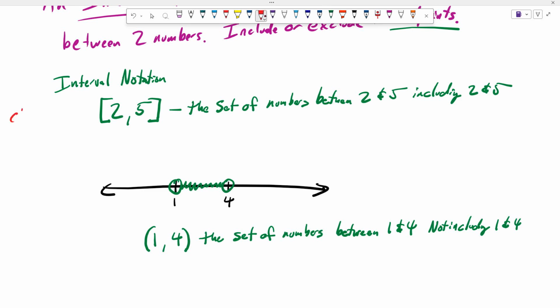Okay, this is called a closed set. And this is called an open set. You'll learn why later it's called open and closed.